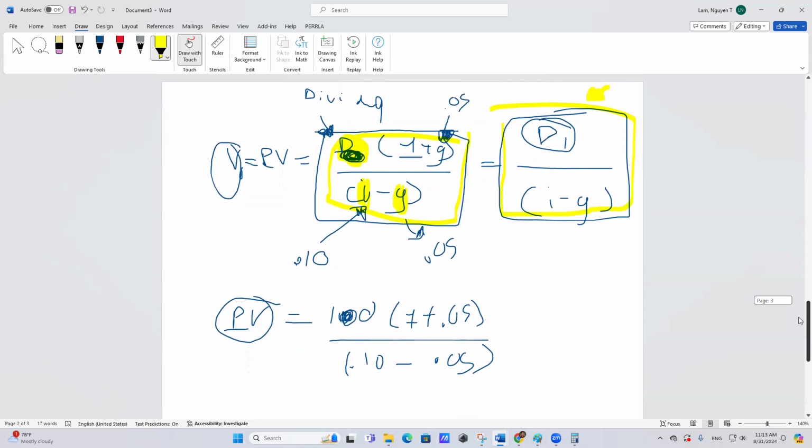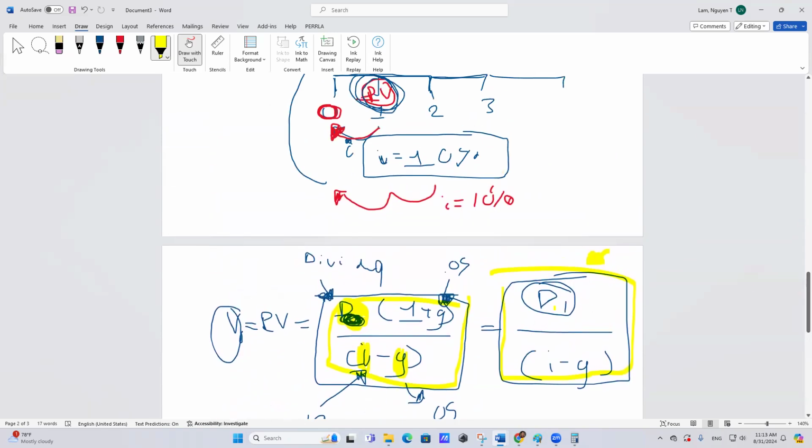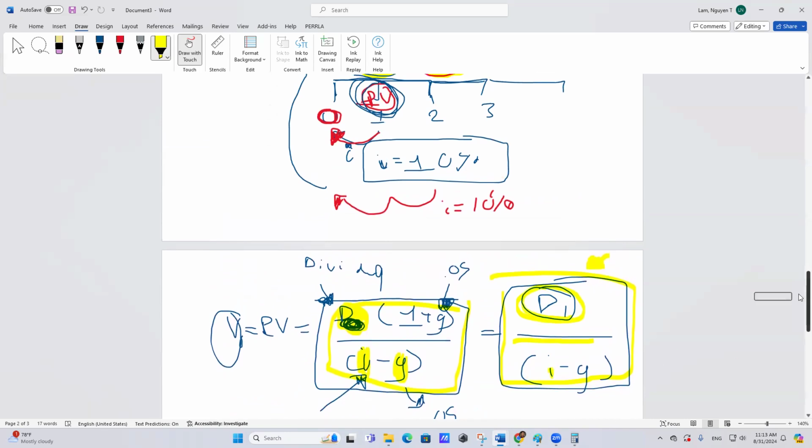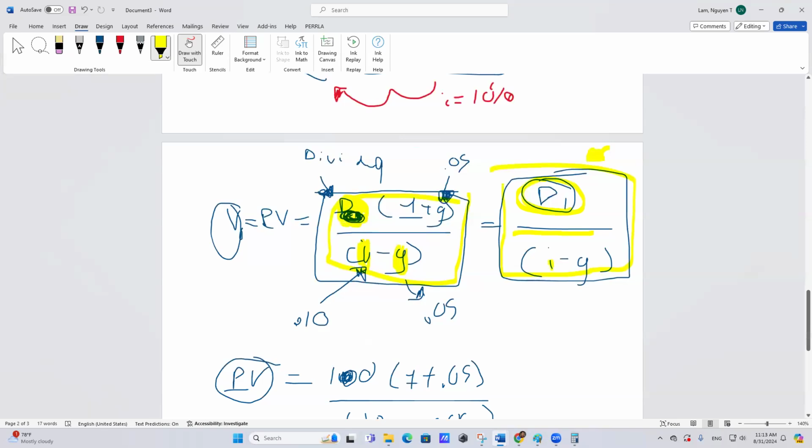So just keep in mind D1 just means that it's already grown, and so you just need to divide by I minus G. If it gives you the dividend from the beginning that hasn't experienced the growth rate, then that is this equation.